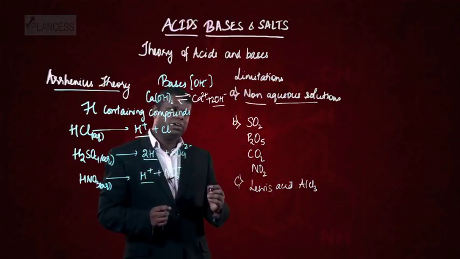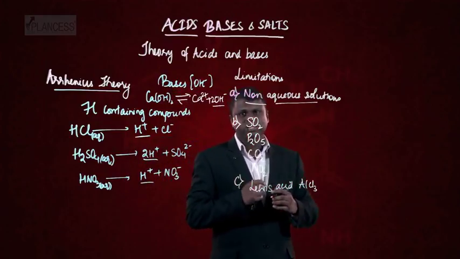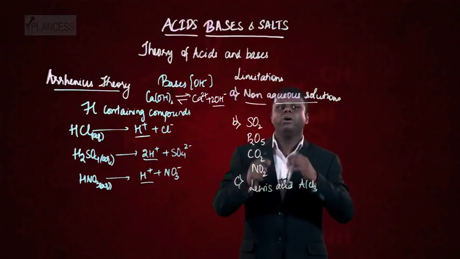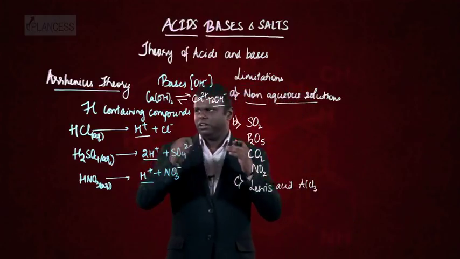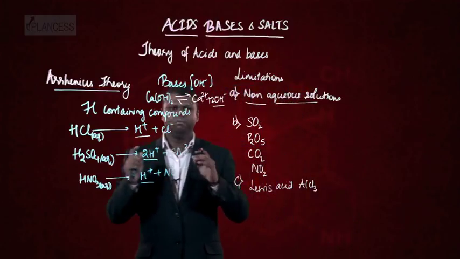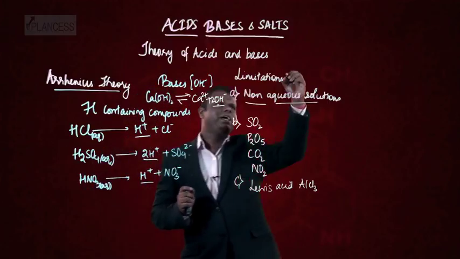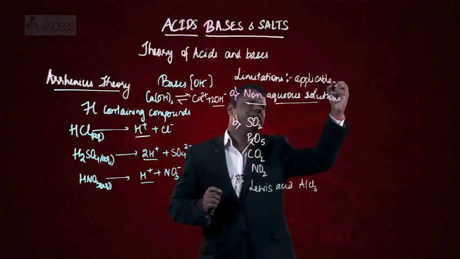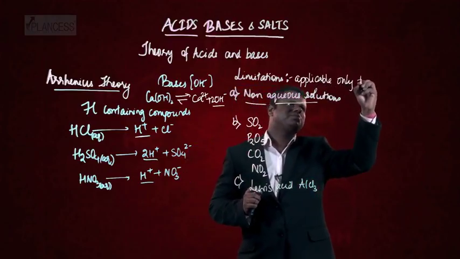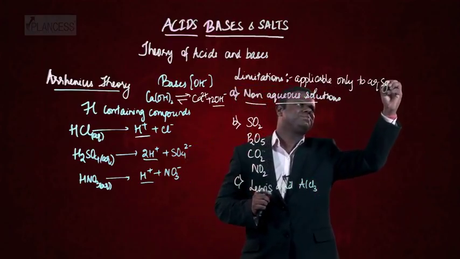The answer was no. We have certain compounds, they can be dissolved in non-aqueous solution, like for example liquid ammonia. So Arrhenius theory had one important limitation: it was applicable only to aqueous system.